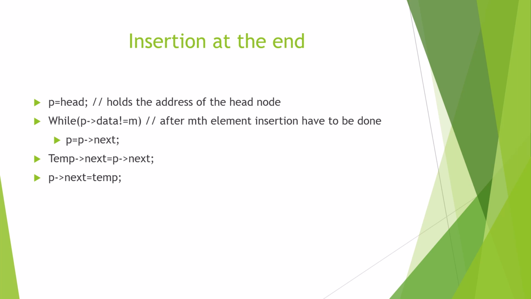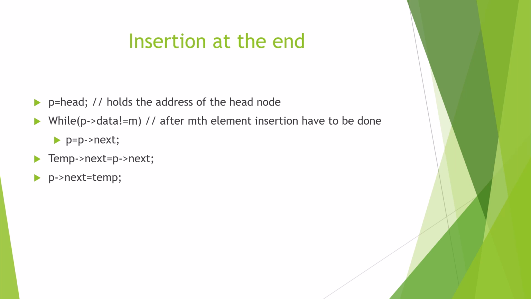The code for insertion at the end of the list is similar to that of insertion in the middle. We are also assigning the head node to the node p. While p arrow data is not equal to m, that is, the last node's element, we are going to shift p to p arrow next. Otherwise, we can also use p arrow next is not equal to null.